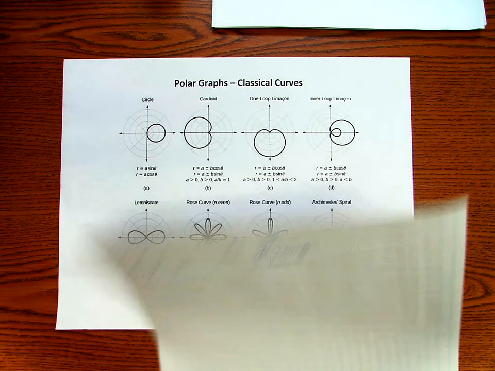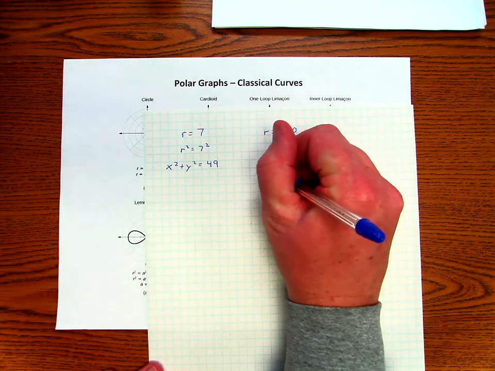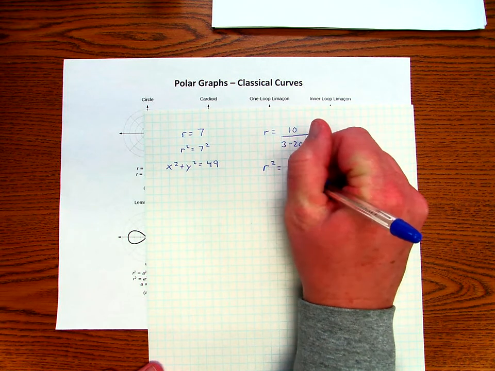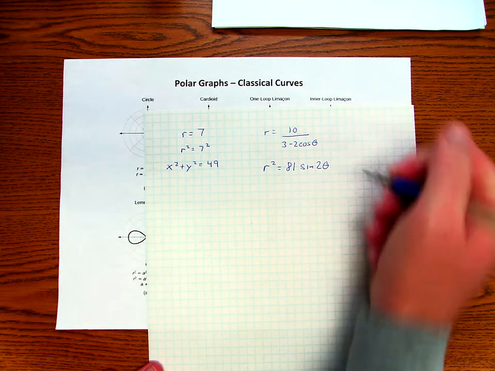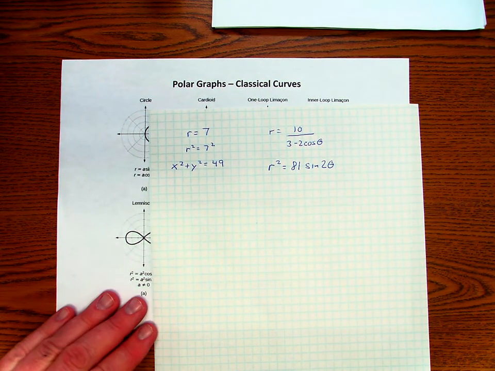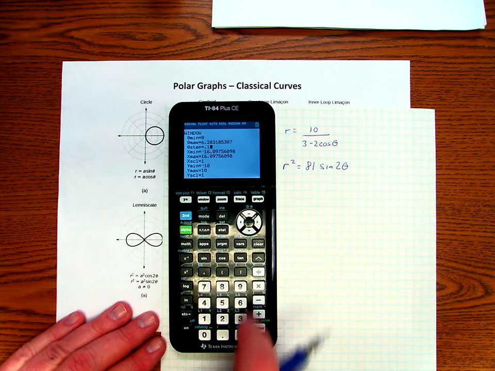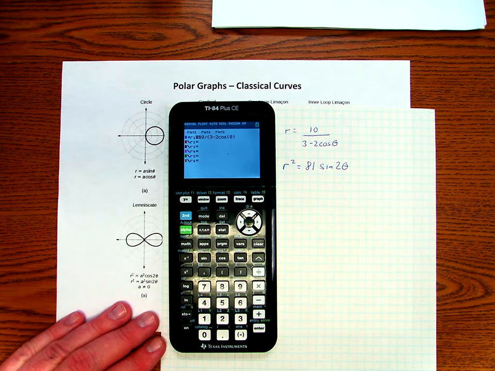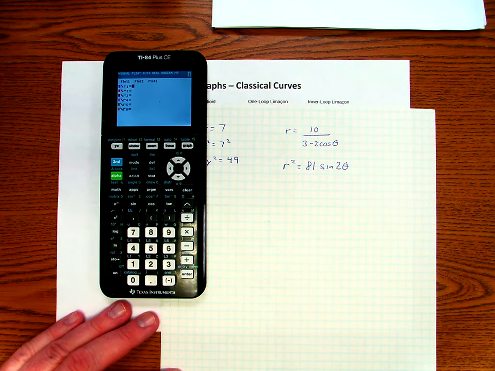So one particular one that I want to look at would be r squared is equal to 81 sine of 2 theta. What's that guy going to look like? Well, in your calculator, in that r equals screen, it has to be r equals. It's not going to allow us to directly put in an r squared.